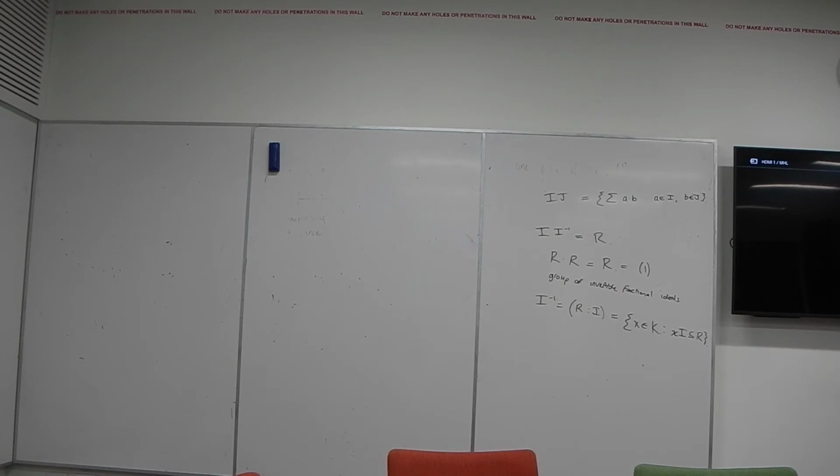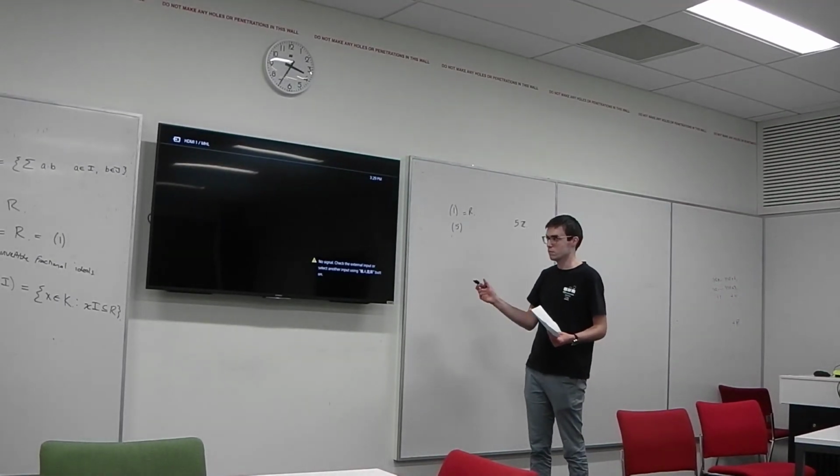Okay. So we've got this group of invertible fractional ideals. A principal ideal is obviously an ideal generated by a single element. So we had 1 over there, that's the principal ideal, equal to R. In the case of 5Z, it's generated by the element 5. We can do the same thing with fractional ideals, so we can have principal fractional ideals.